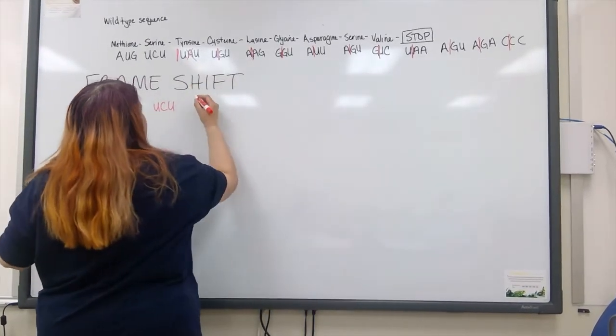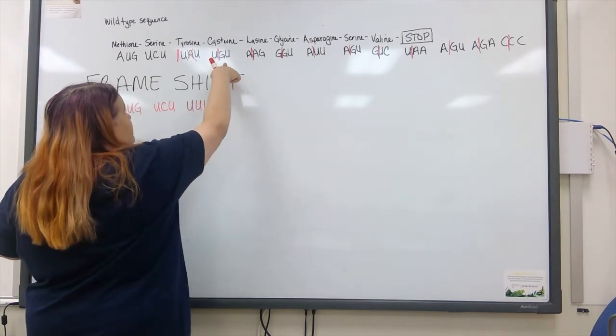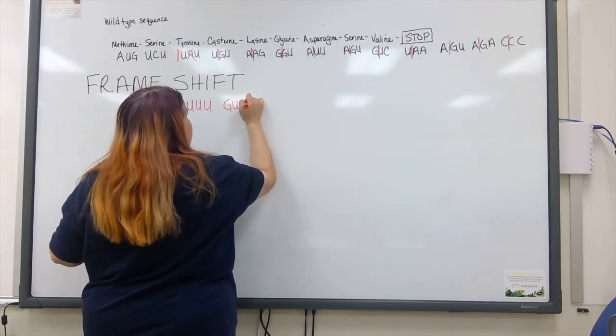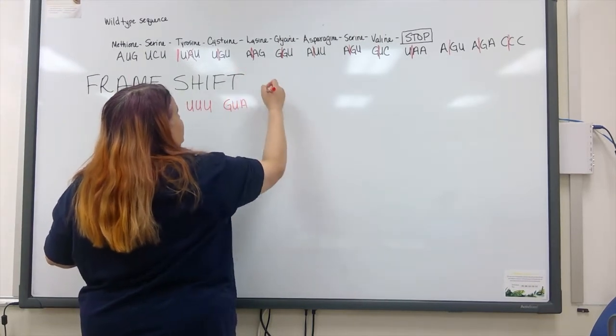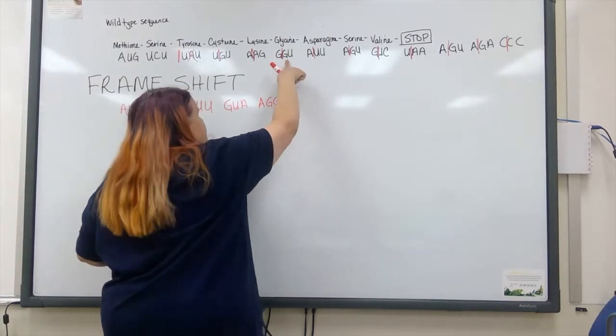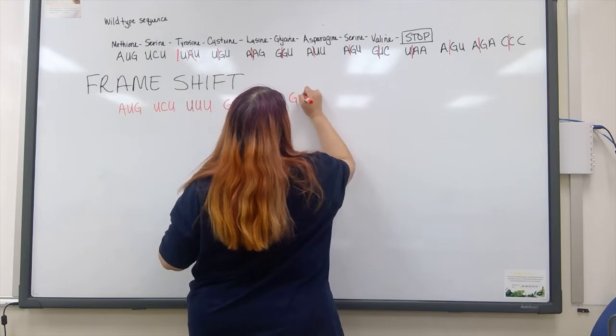So UAU now becomes UUU. UGU now is GUA. AAG is AGG. GGU is GUA.